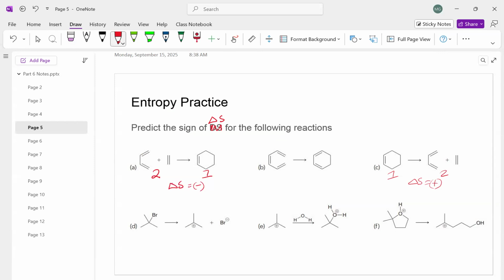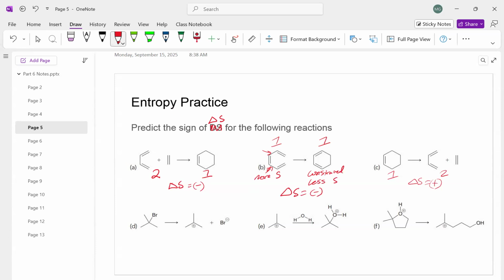Now with B, we have one molecule on the left, one on the right. So we can't judge the entropy based off of that. But we're going from something that has a lot of single bonds in there, so there's a lot of rotation, to something that's more constrained. So this has more entropy. This has less entropy.